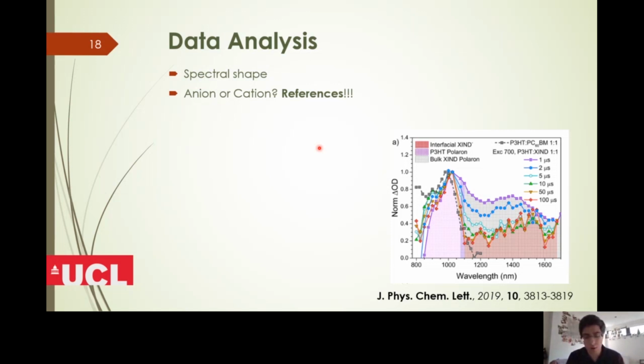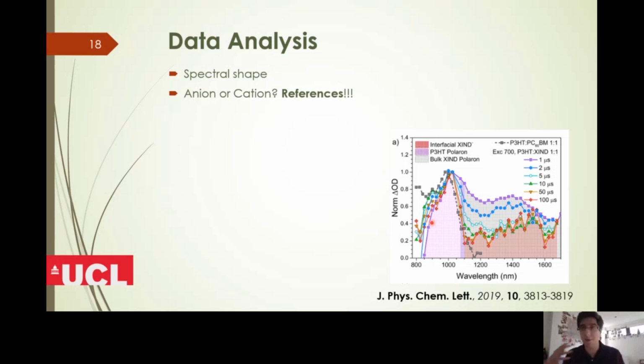Also, you don't really know if your spectral shape is due to an anion or a cation, so the best way to go on is to measure it with some references. For example, in this case, the authors measured this blend with P3HT. The P3HT positive polaron is very well known and absorbs at 1000. So they saw this band here at 1000 and knew there was positive P3HT.